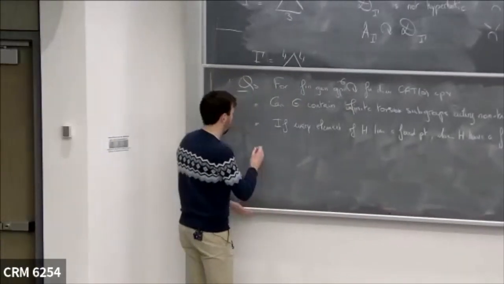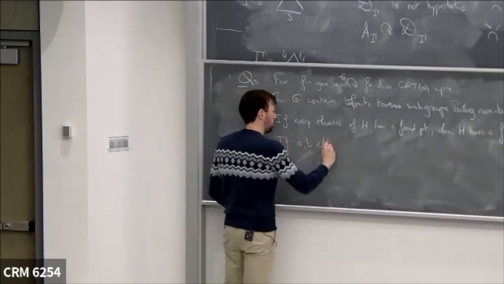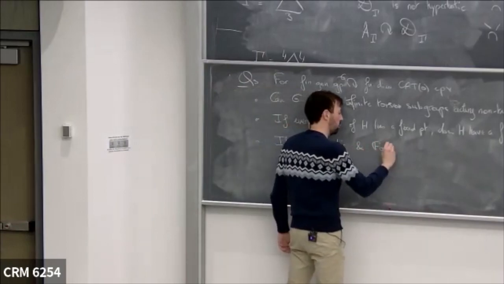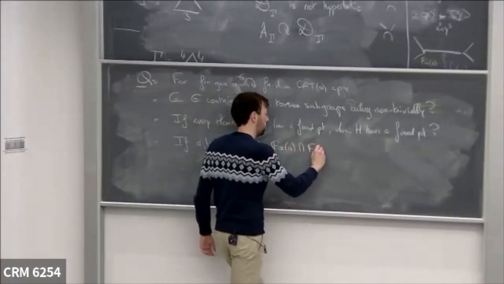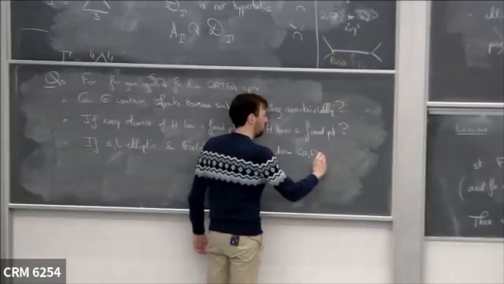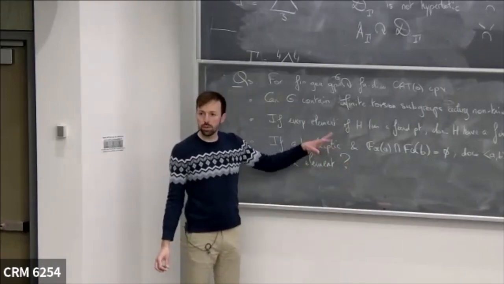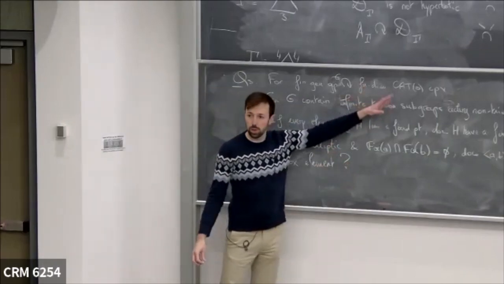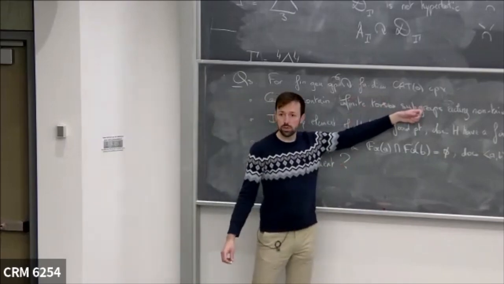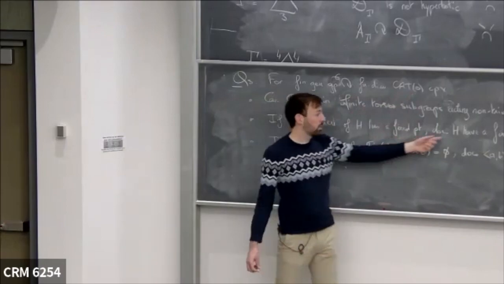So if A, B are elliptic and Fix A intersect Fix B is trivial, does the subgroup generated by A, B contain a loxodromic element? That sort of result would solve those two problems, because a loxodromic element has infinite order, so your group could not be torsion, and a loxodromic element does not have a fixed point.